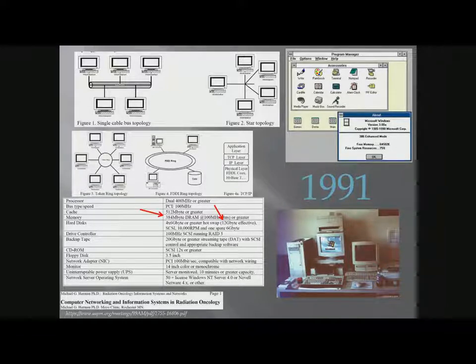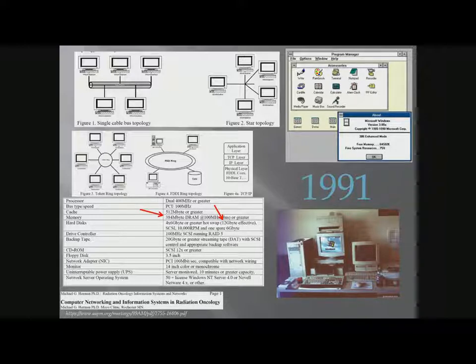So I thought it might be interesting to remember, if we can remember back that far, what the computer environment looked like in 1991. We were having discussions about whether we should use a token ring topology or a star topology for our networks, or whether this thing called Ethernet was going to work. We had 386 computers with only a few megabytes of memory available.